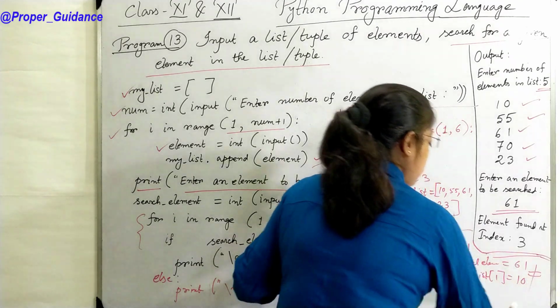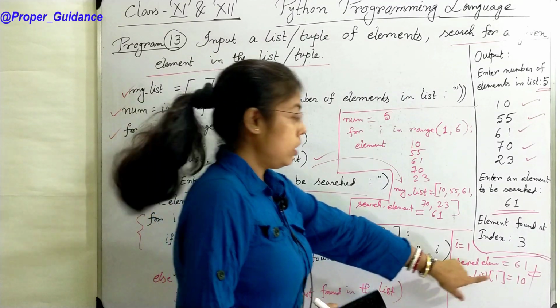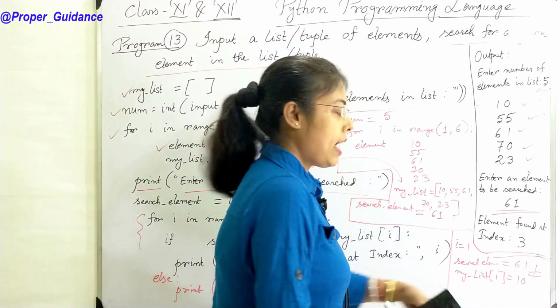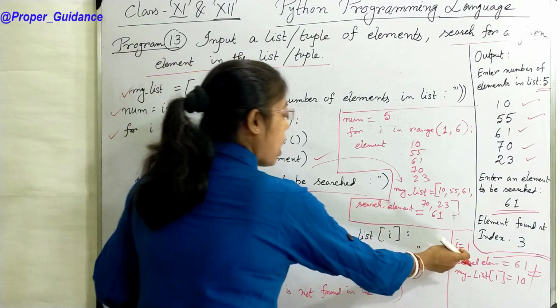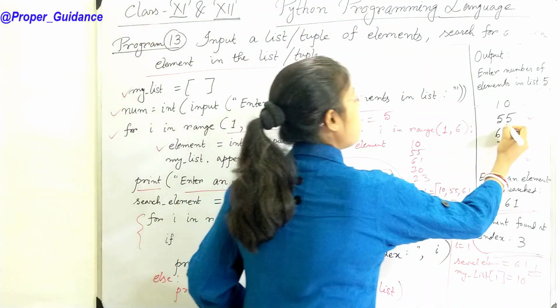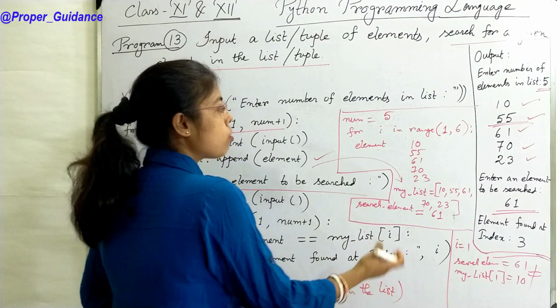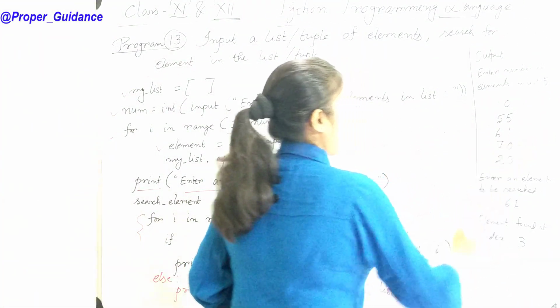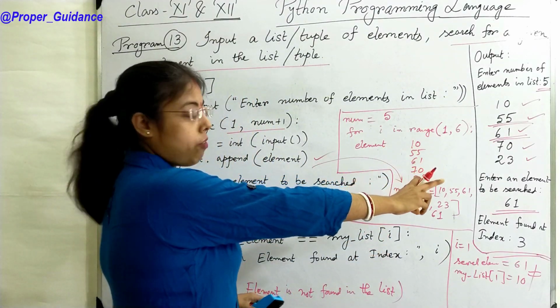This is not equal, right? This value doesn't match, and after that I equals 2, this means 55. I equals 3, this means 61, and I get my required value.